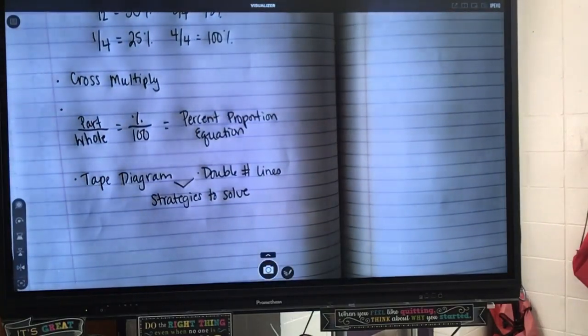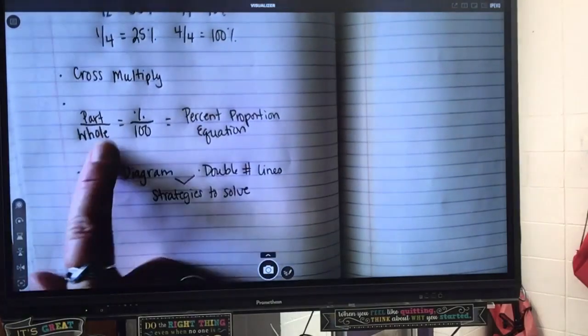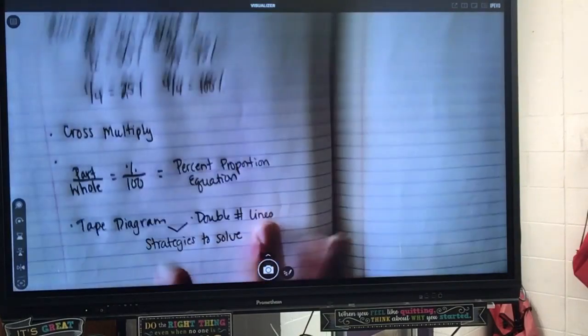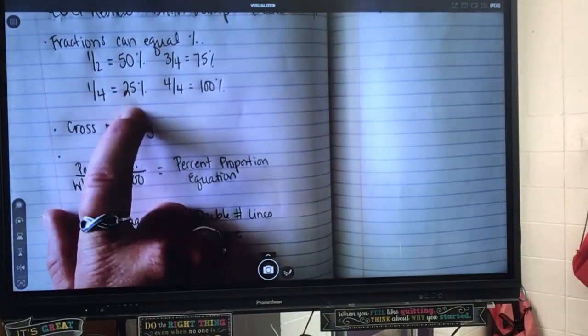All right, please make sure if you did not write this, that you have that on your page. And also please make sure if you don't have this, you have this on your page as well.